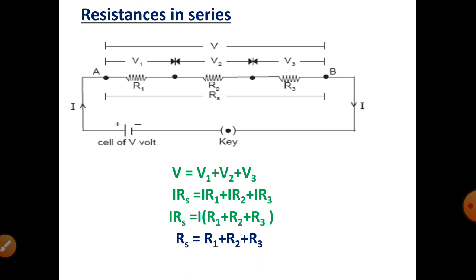The effective resistance Rs will be equal to the sum of all the n resistances connected in series. So from this we can state the law of resistances in series. The law of resistances in series states that the resultant of a number of resistances connected in series is equal to the sum of the individual resistances.